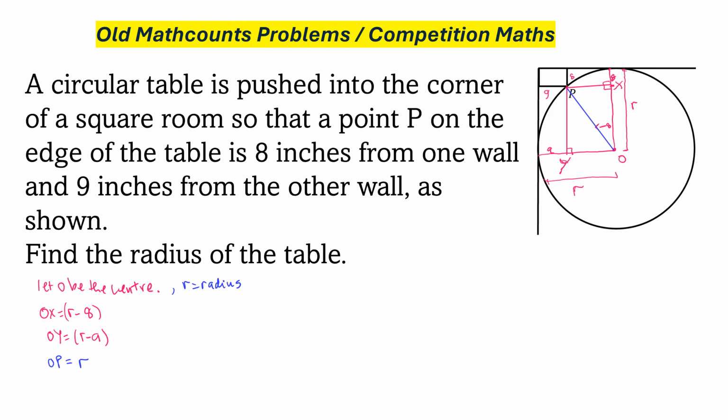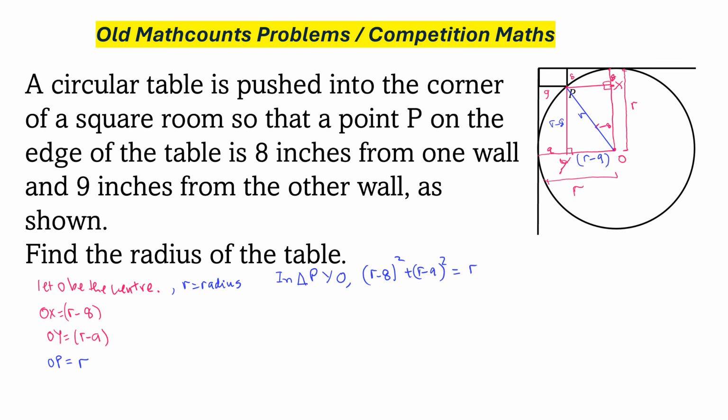now we can form an equation and try to solve for R, because we can say that this is R minus 8 and this is 90 degrees, so triangle PYO. So in triangle PYO, PY is R minus 8, so (R minus 8) squared plus YO, this is R minus 9, (R minus 9) squared is equal to OP squared.